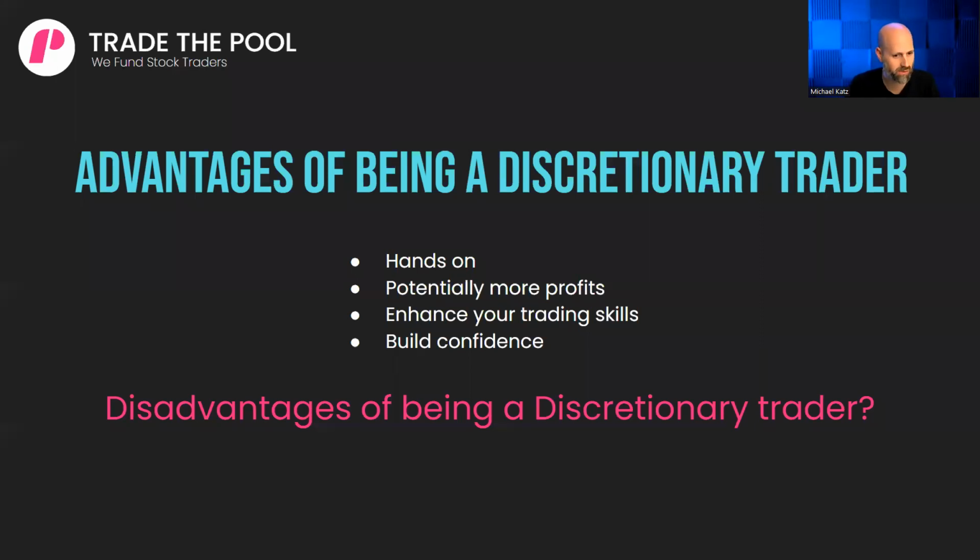What's wrong with being a discretionary trader? There are, of course, some disadvantages. And I guess it's within the term discretionary, because when it comes to our control, sometimes we can let our emotions get in the way, or we believe that the price should continue higher, so we add more to our positions, and therefore we cross those boundaries even more.